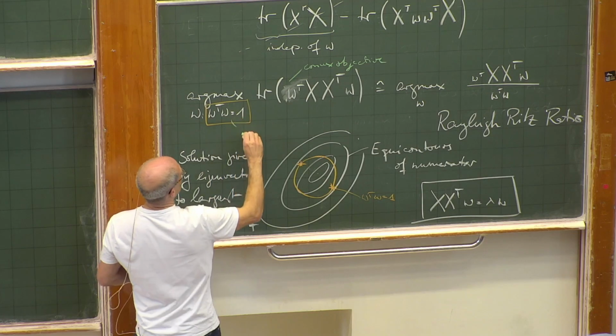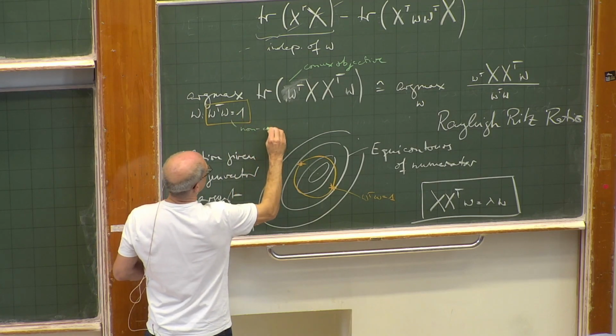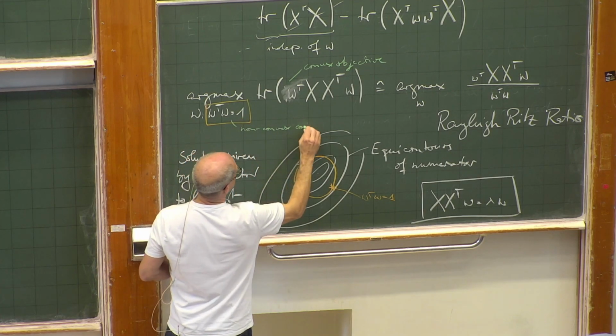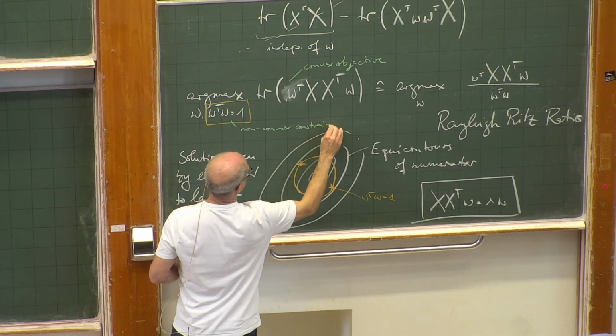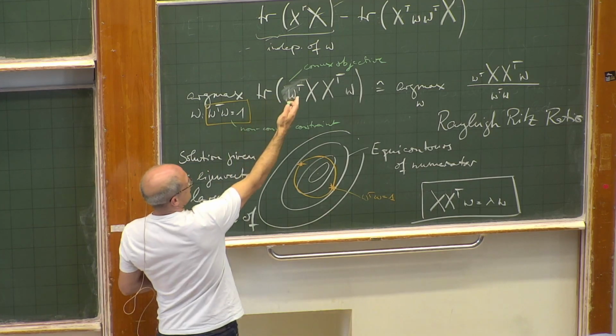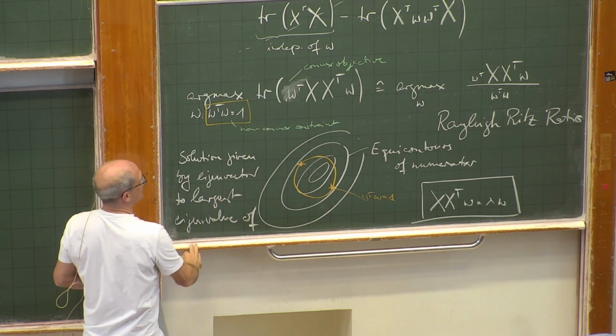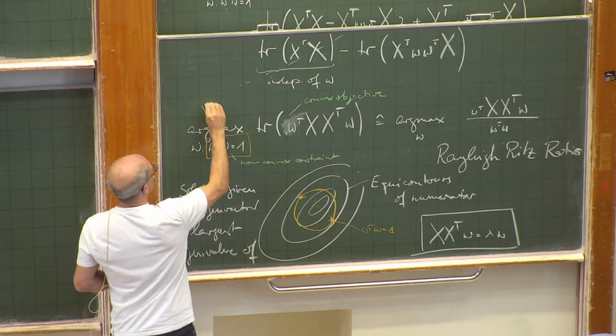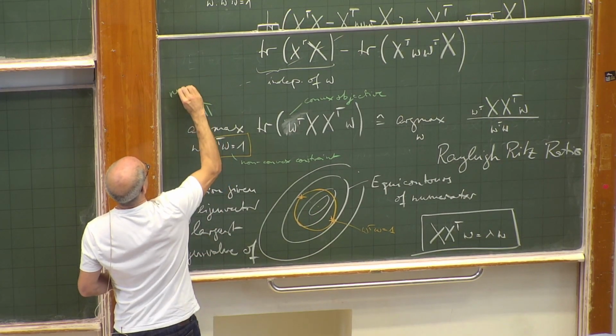This here is a non-convex constraint. So that means overall, convex objective is good, but non-convex constraints means that overall, this here is a non-convex optimization problem.